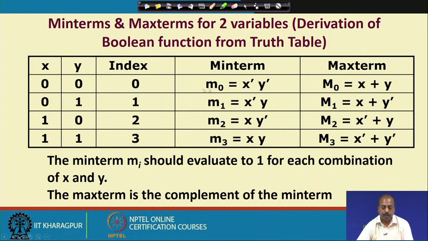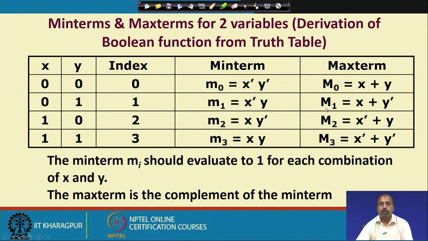If this value evaluates to 0, we will write it as m0. If this value evaluates to 2, so 1 0, that evaluates to 2, so we write it as m2. By giving this number or index, we can directly understand what is the corresponding min term. That is why this indexing is done. Similarly, here the indexing is done.